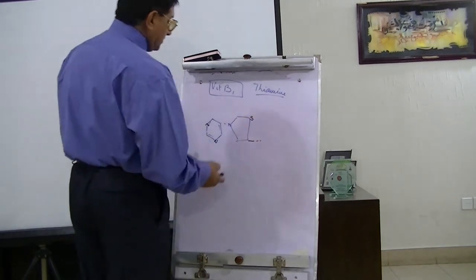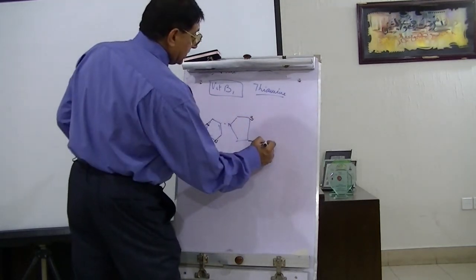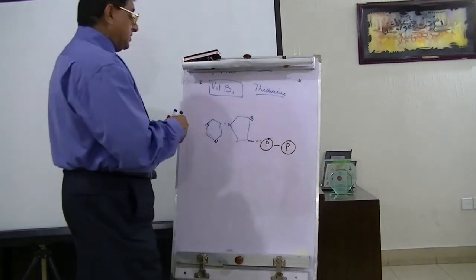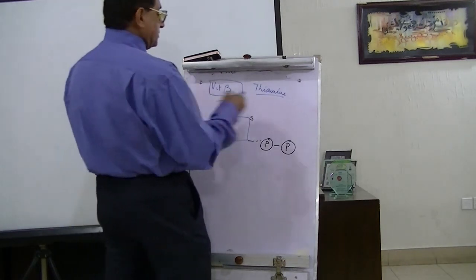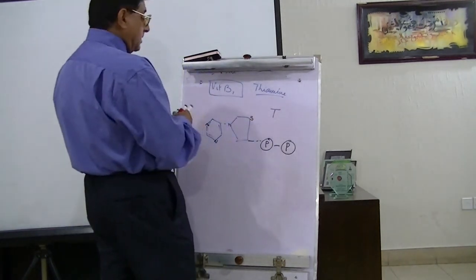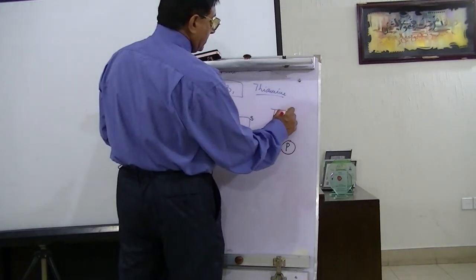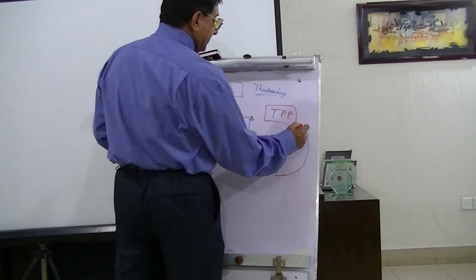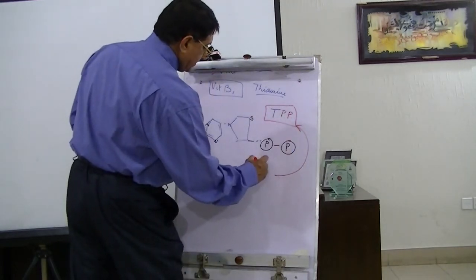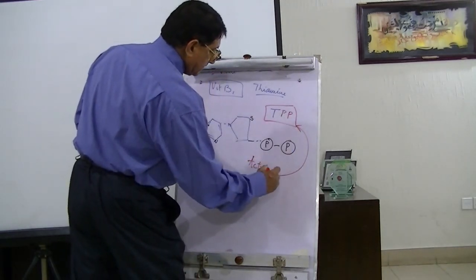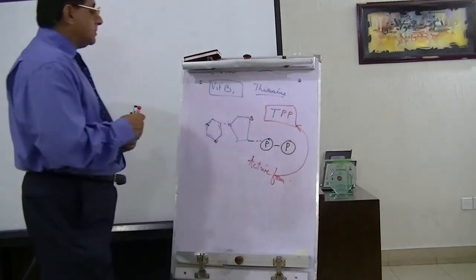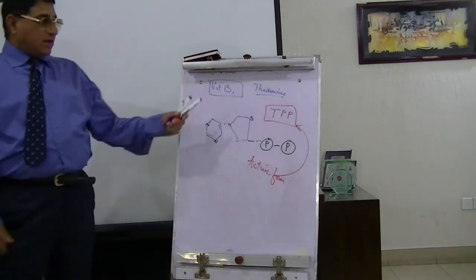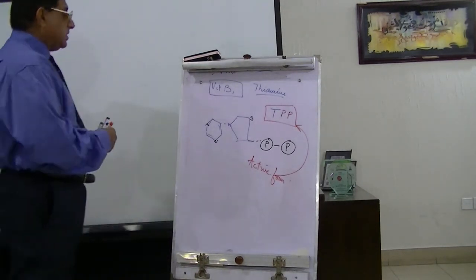This is thiamine. Then it's attached to one phosphate and the other phosphate. When these two phosphates are there, you get the formation of thiamine pyrophosphate. This is the active form. This is thiamine pyrophosphate. So thiamine is vitamin B1.